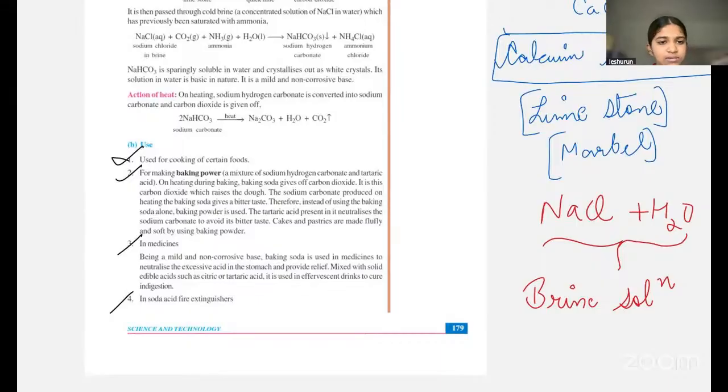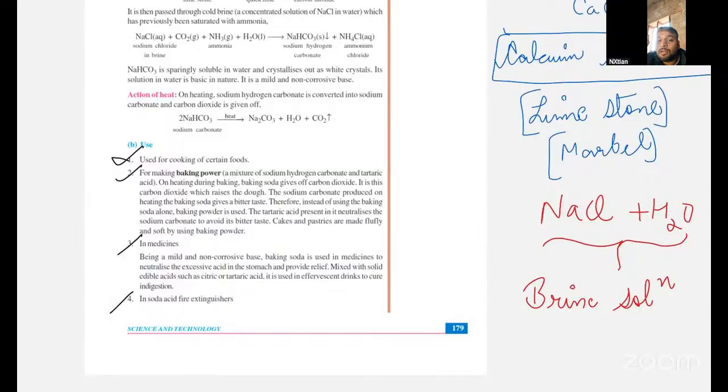In medicine, being a mild and non-corrosive base, baking soda is used in medicines to neutralize the excessive acid in the stomach and provide relief. Correct. It's a quick relief process. Like if someone says, oh, it's burning, it's acidity in my esophagus, you can use an antacid, or if nothing is there, you can use a glass of water with baking soda also.